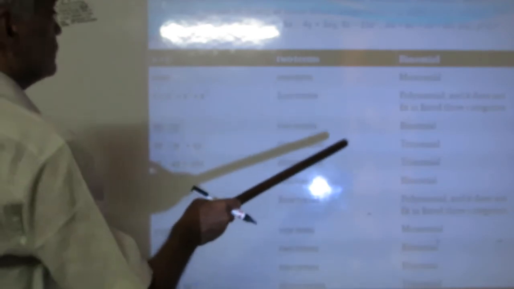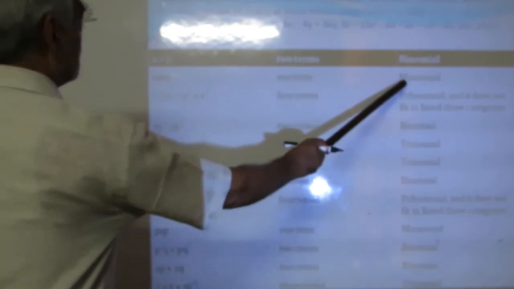Now the first one is 1000, because 1000 has only one term, so it is a monomial. One term, it is monomial.